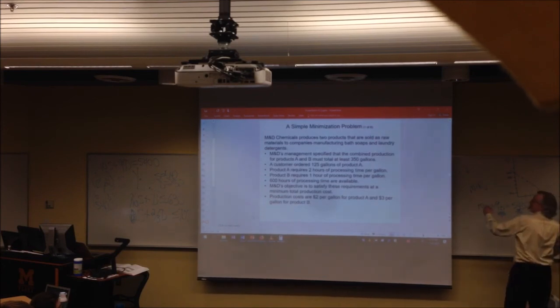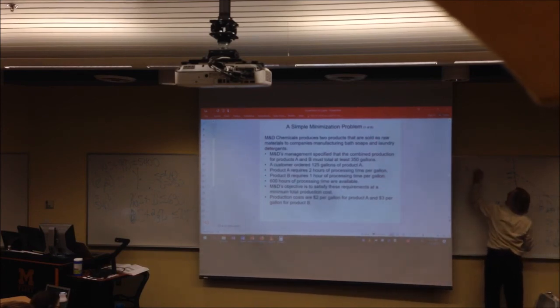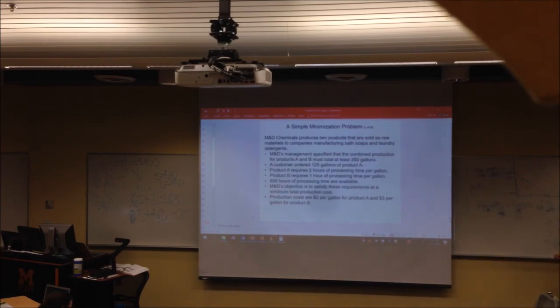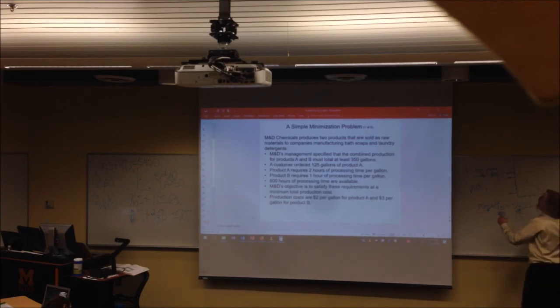A is maybe something like how many gallons of product A. That is a description. That's what production's waiting for. They're going to make A, then clean everything up, reset it, and then make B. And that setup cost, they only want to do it once, not twice. So they need the exact number of A so they don't have to do it twice.